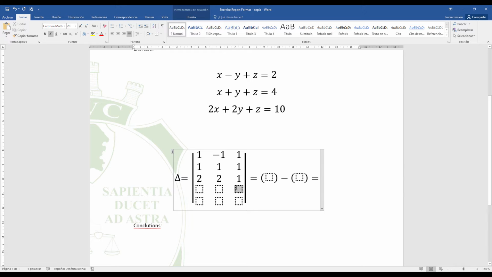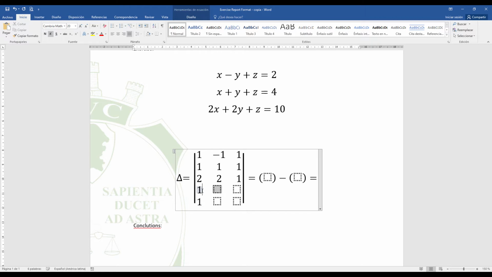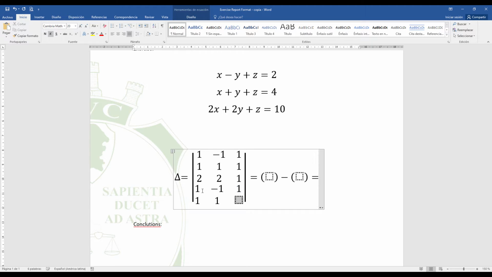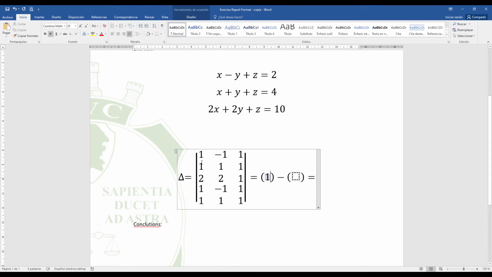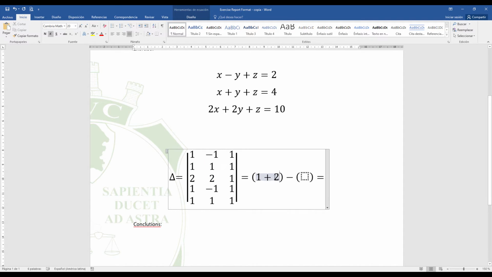Below you need to repeat the first two rows: 1, 1, minus 1, 1, 1, and 1. Here you need to multiply by cross. For example, here is 1 times 1 times 1, it's 1. And 1 times 2 times 1 plus 2.